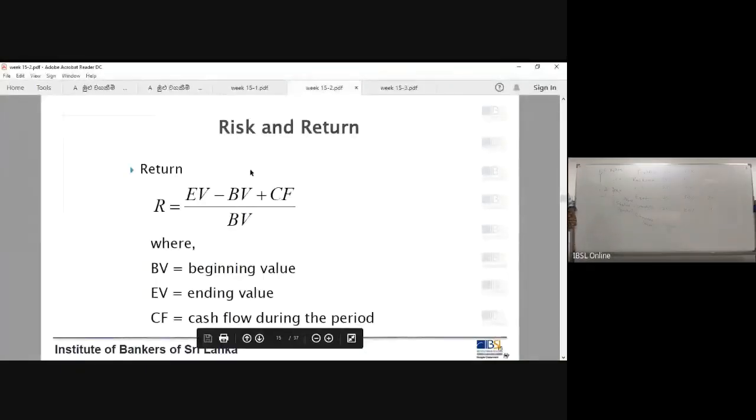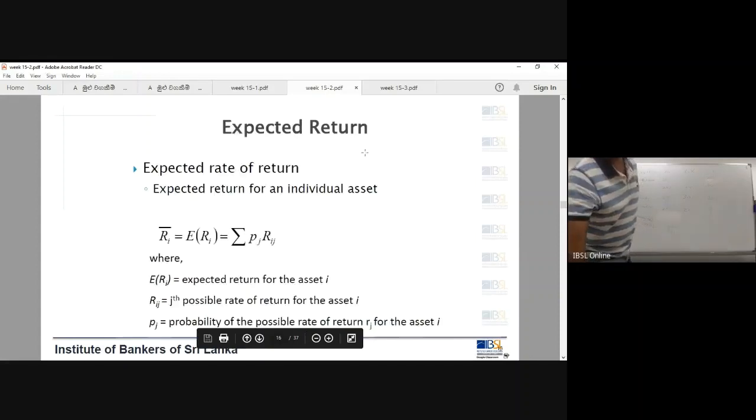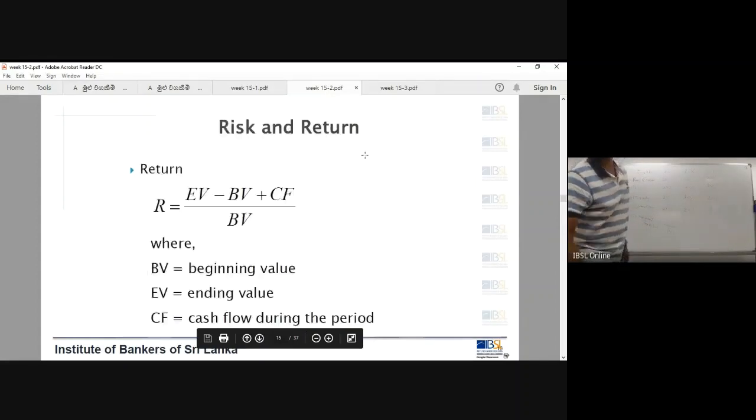Risk and return. Your return is simply the ending value minus the beginning value plus any cash flows, divided by the beginning value. Right?